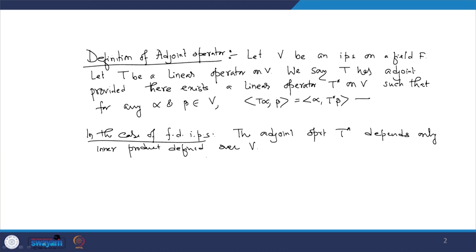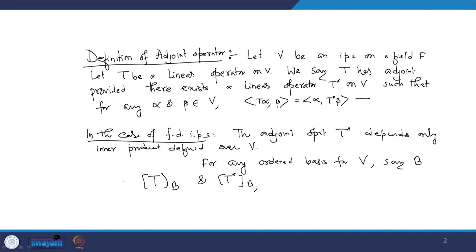Second, consider any ordered basis B. The relation between the matrix representation of T with respect to B and the matrix representation of T star with respect to B is not straightforward.